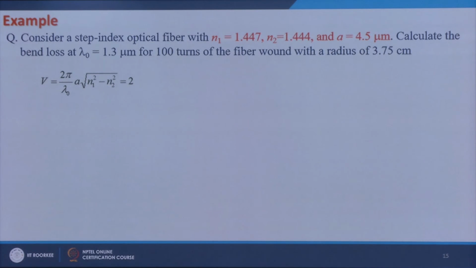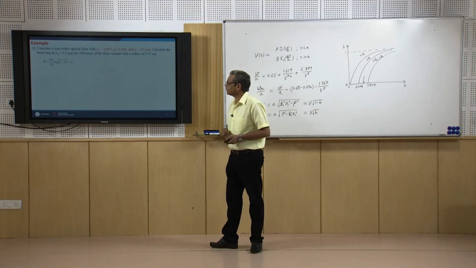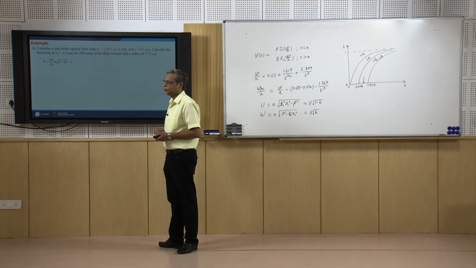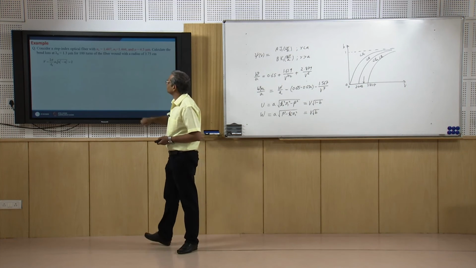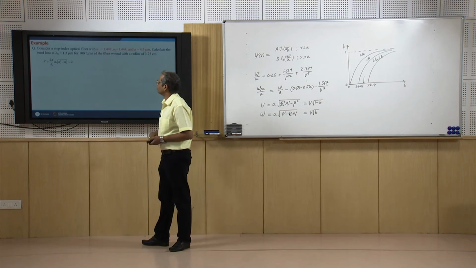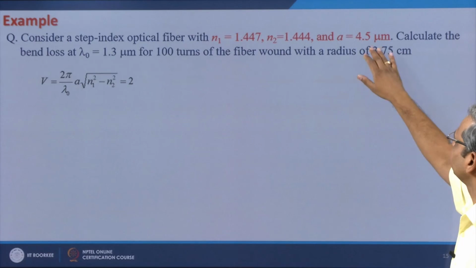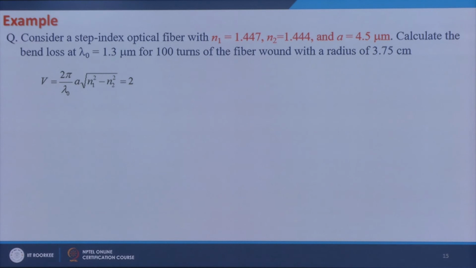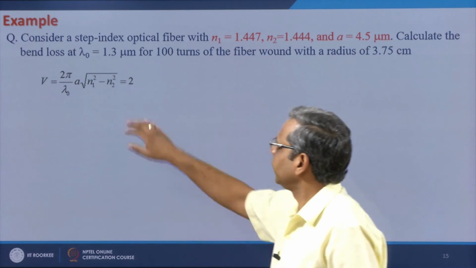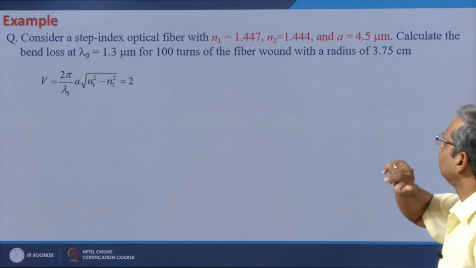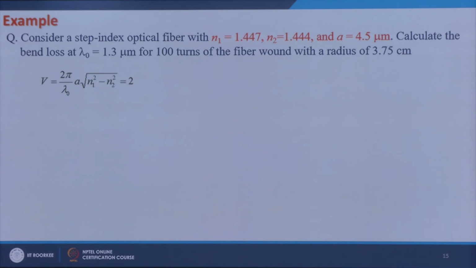Let us work out a numerical example. For this, I consider a step index optical fiber with parameters N1 equal to 1.447, N2 equal to 1.444 and A equal to 4.5 micrometer, and calculate the bend loss at 1.3 micrometer for 100 turns of the fiber wound with a radius of 3.7 centimeter.